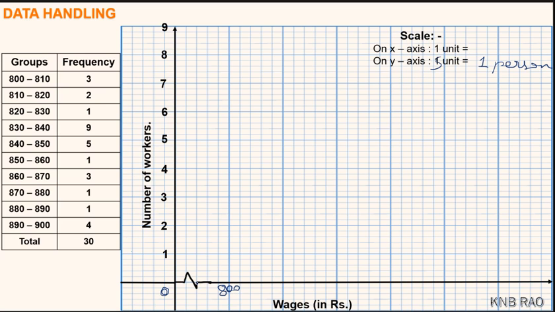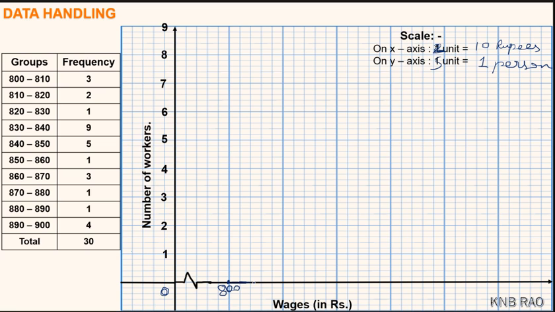So 0 to 800 I will not show, I will start from 800. Okay, I will start from 800. So here I am going to use two units on the x axis as 10 rupees.